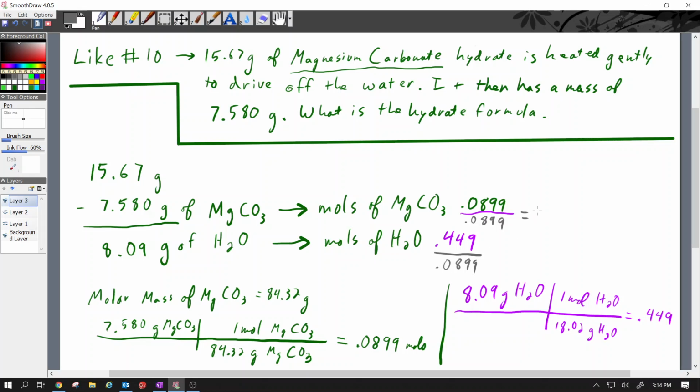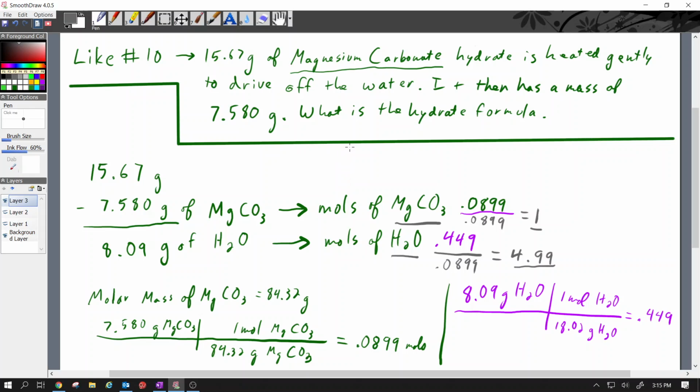Of course I'm going to get the number 1. And when I do that division, so basically 5. So what that means is I've got 5 moles of water for every 1 mole of magnesium carbonate.